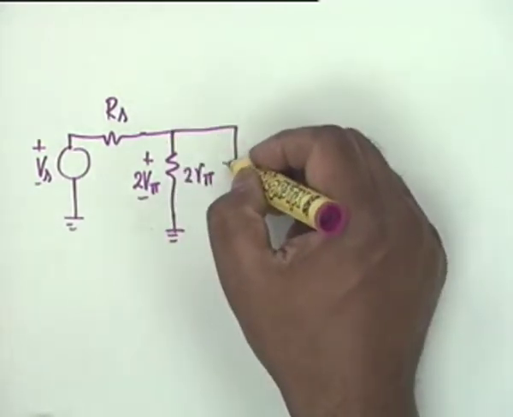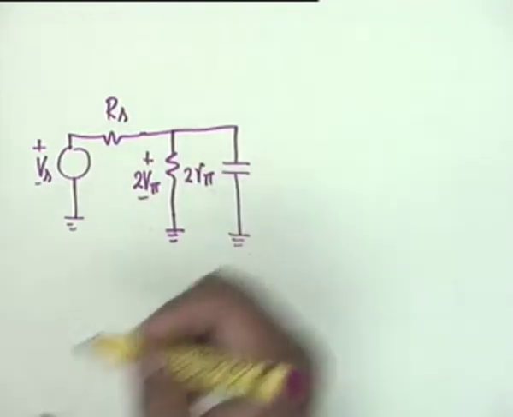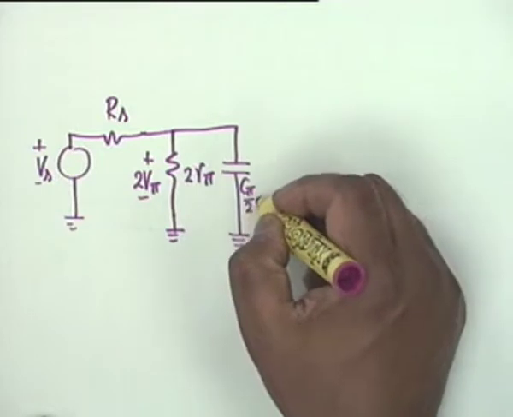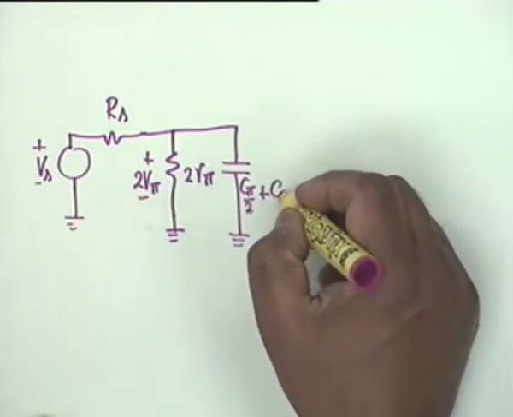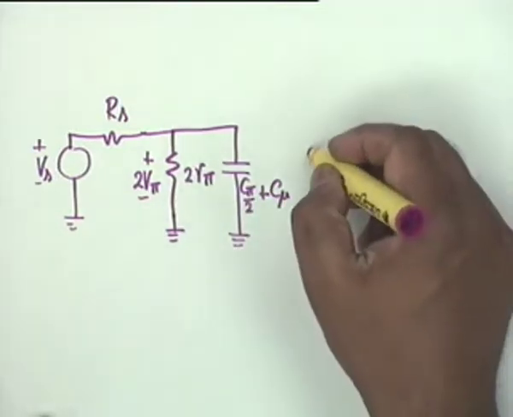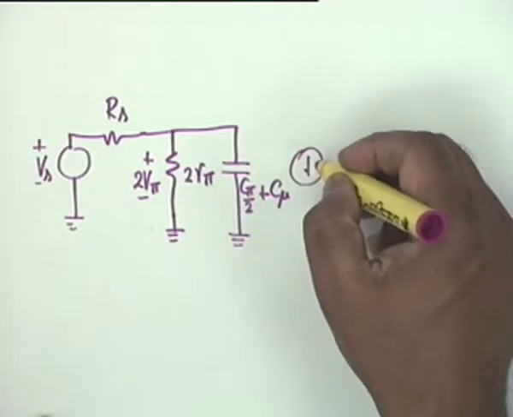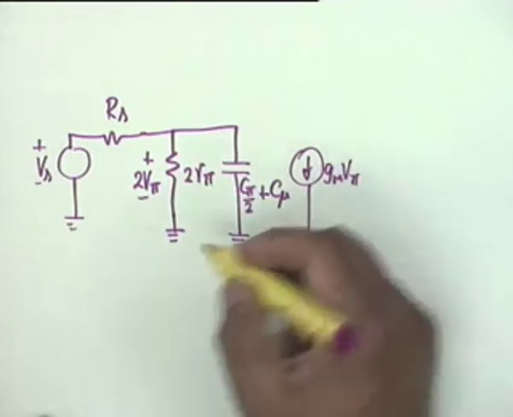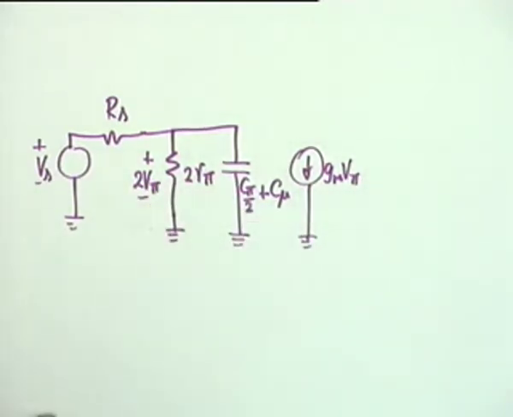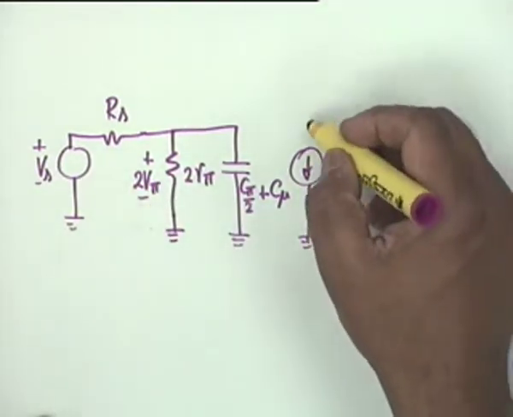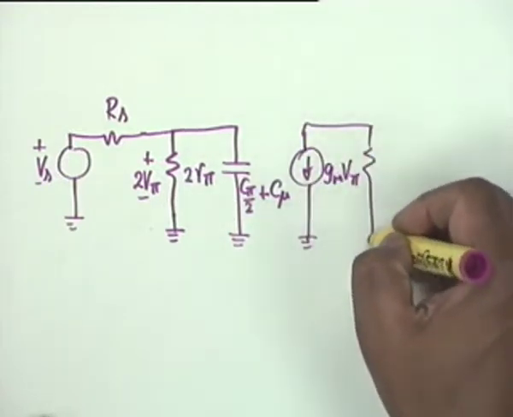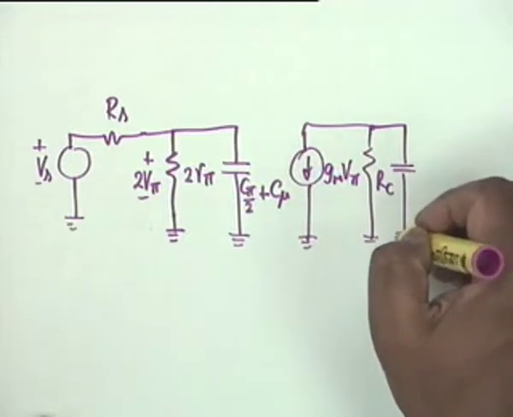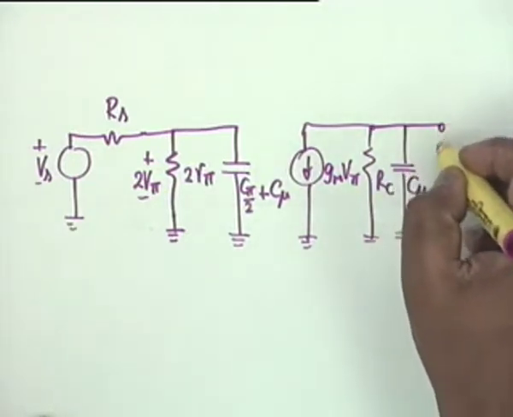The capacitance here, 2 C pi's in series, gives C pi by 2, and then C mu is reflected. Then you have the gm V pi. One has to take care of the fact that this is 2 V pi, not V pi. gm V pi, and you have R sub C and C mu. This is equal to V0.